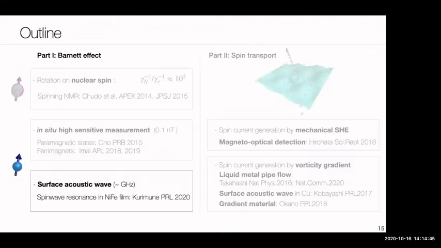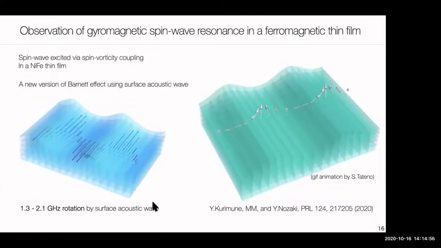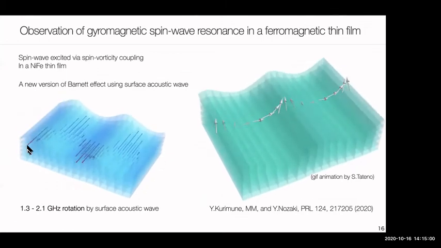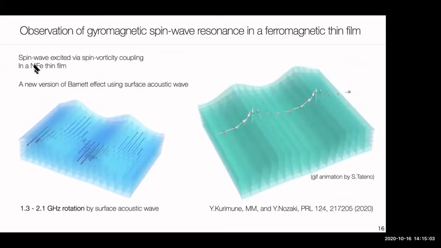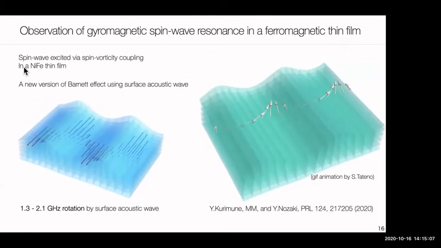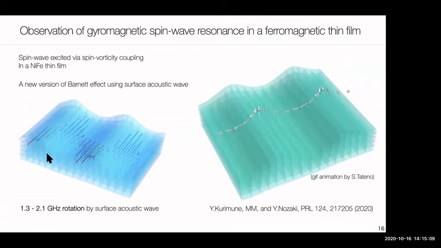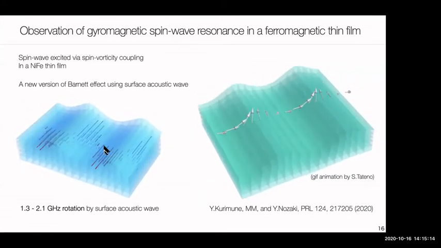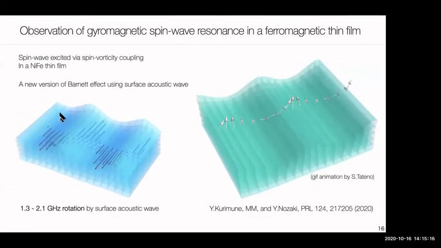And very recently we have a new type of the Barnett effect. We use the spin vorticity coupling driven by the Rayleigh type surface acoustic wave in the ferromagnetic thin film. These arrows indicate the dynamics of the vorticity field.